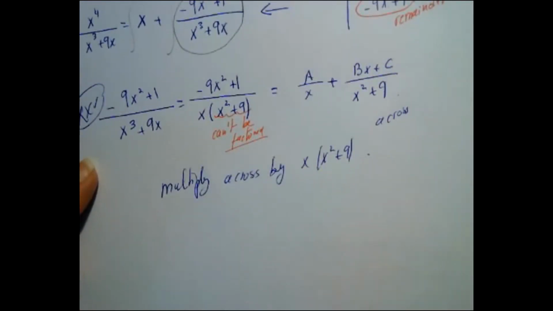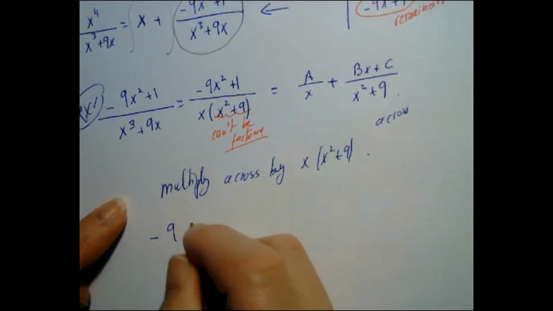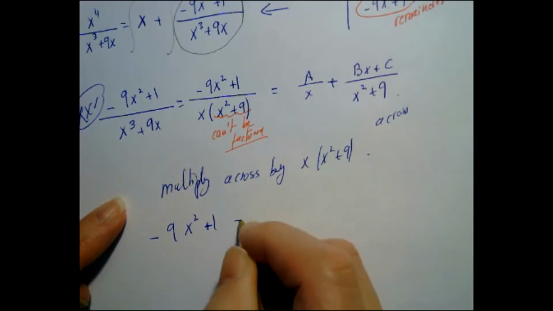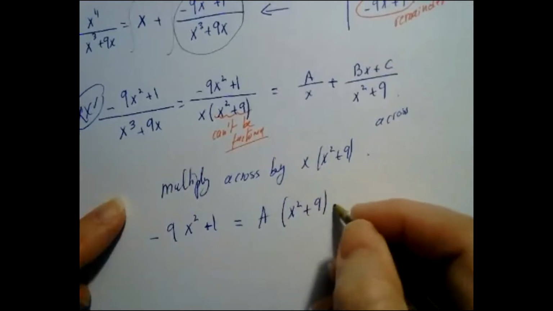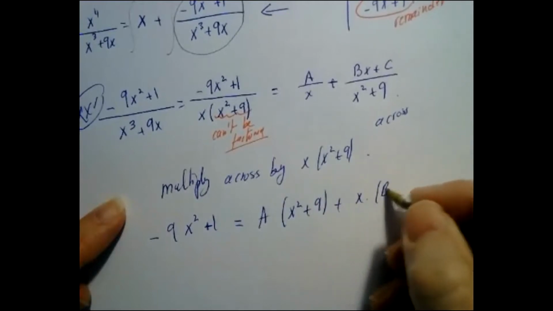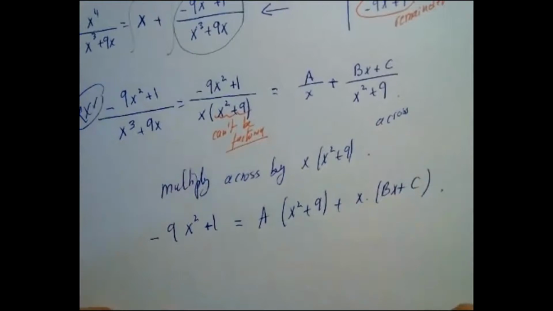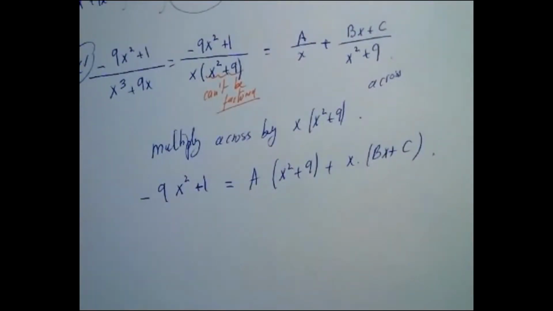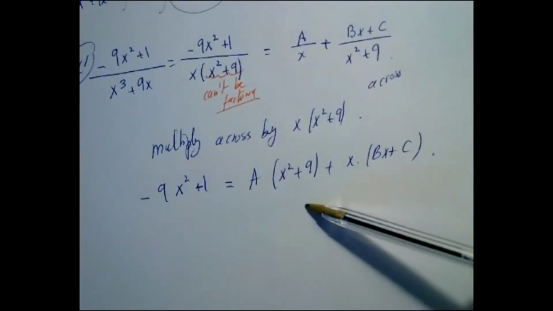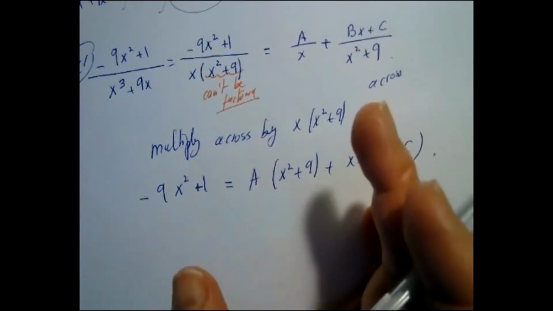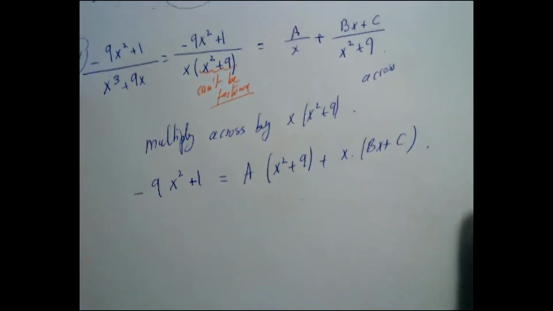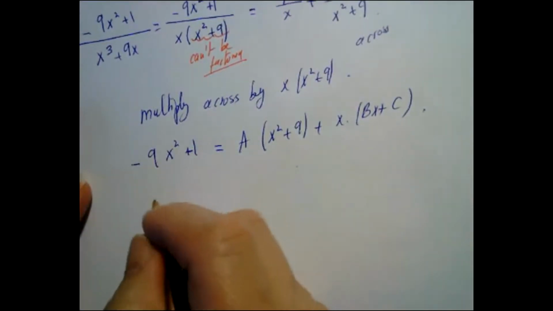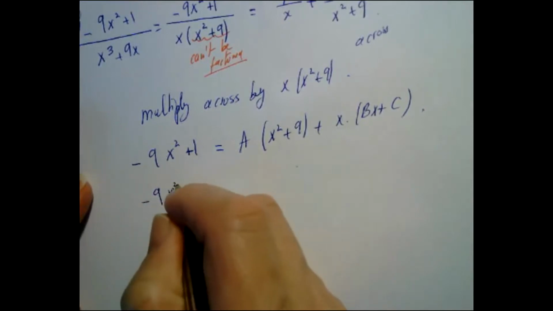And then this will give me the following: minus 9x squared plus 1 equal A times x squared plus 9 plus x times Bx plus C. And now we have to find the coefficients A, B, C. In this particular problem, putting coefficient of x squared together, coefficient of x together, and constant together would be a little bit easier than plugging in values. But either will work. So we're going to use the second approach in this particular problem.